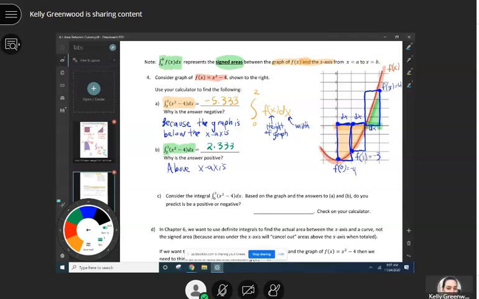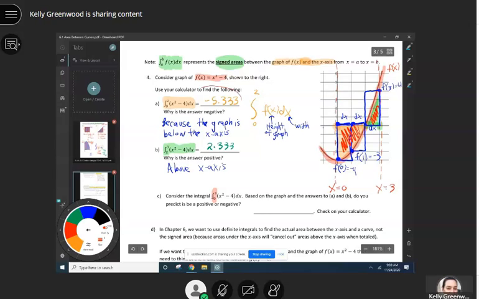Okay, now here's the deal. This is the big idea we're working up to here. If you wanted to go from x equals 0 all the way to x equals 3, part of that area was below the x-axis, and part of that area is above the x-axis.